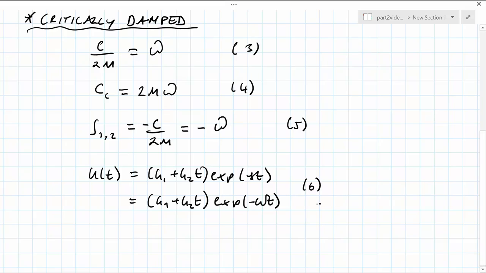To proceed, we need to now specify g1 and g2.